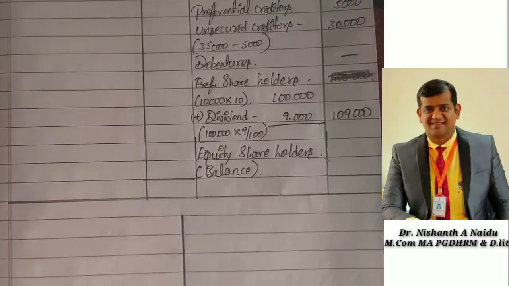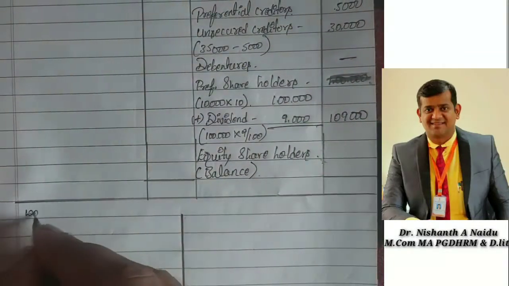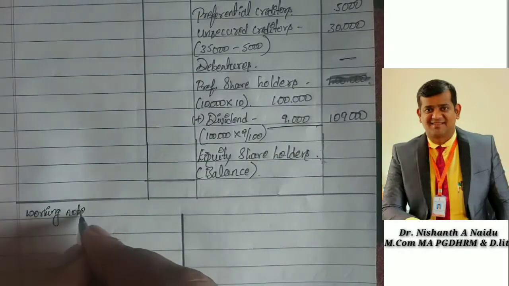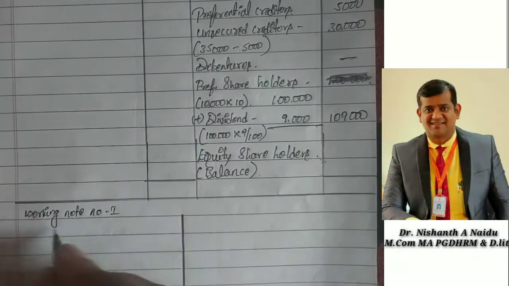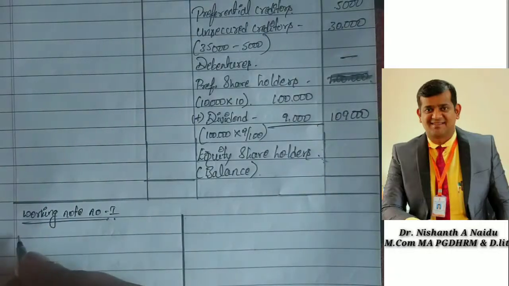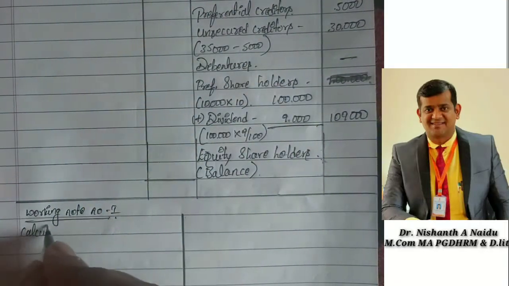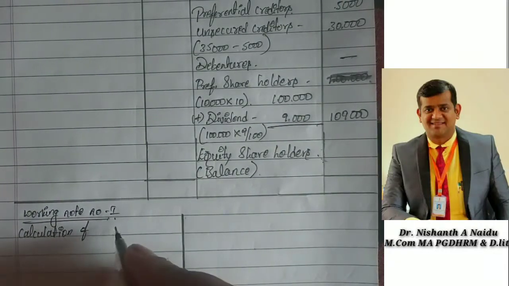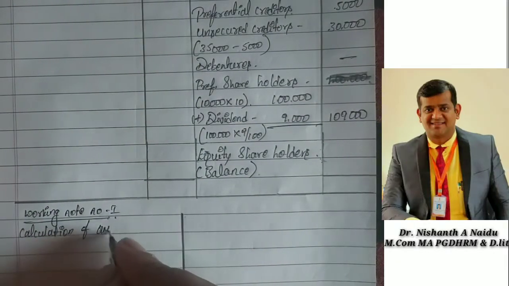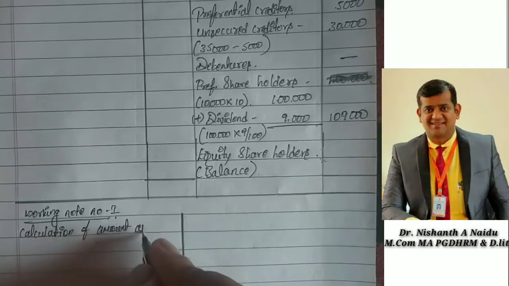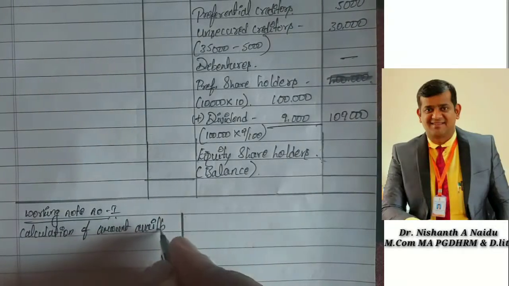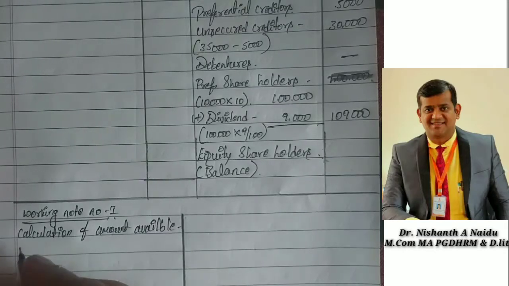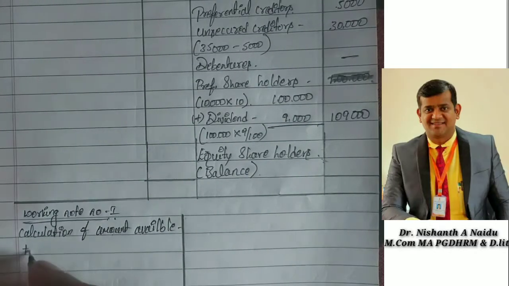So in the first part, working note number 1. Write: calculation of amount available to equity shareholders.